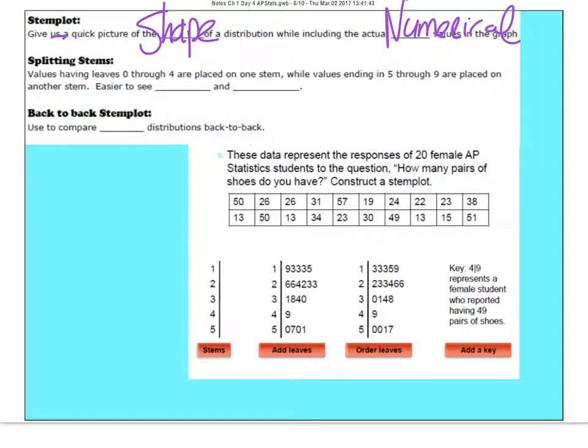There are two other types of stem plots: a split stem and a back-to-back stem. In the split stem, values with leaves 0 through 4 are placed in one stem, while values ending in 5 through 9 are placed in another. You might do a split stem because it's going to be easier to see gaps and clusters.